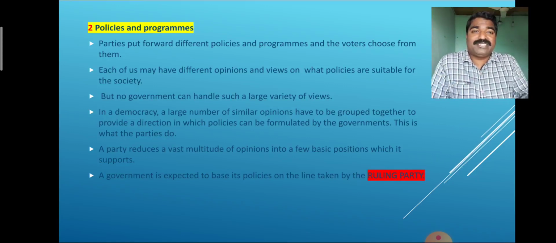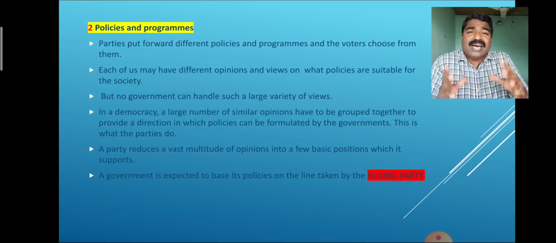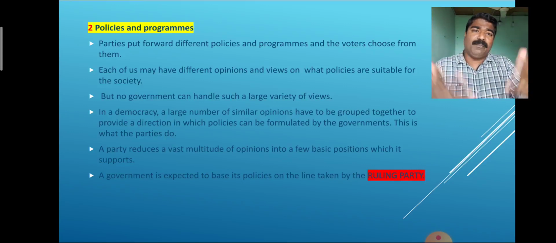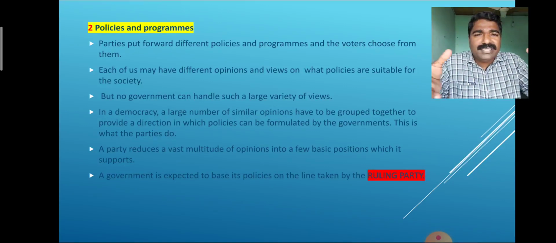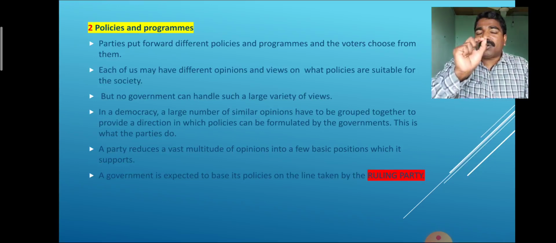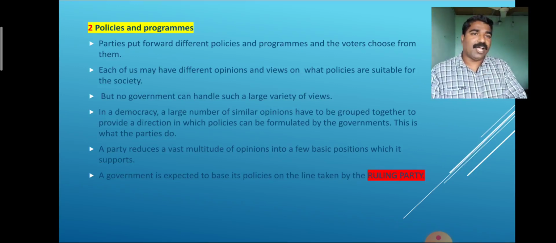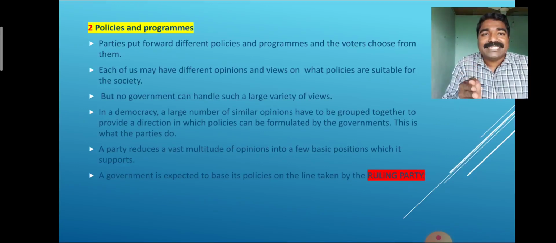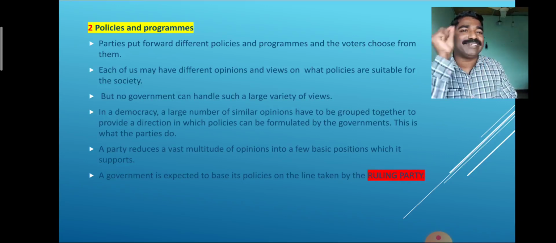In the government, it is too difficult to handle such a large variety of views. All of these cannot be implemented or handled. In a democracy, a large number of similar opinions have to be grouped together to provide a direction in which policies can be formulated by the governments.